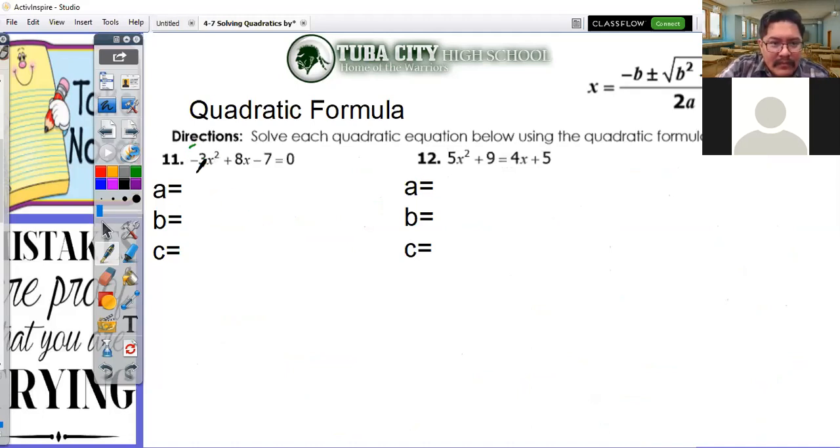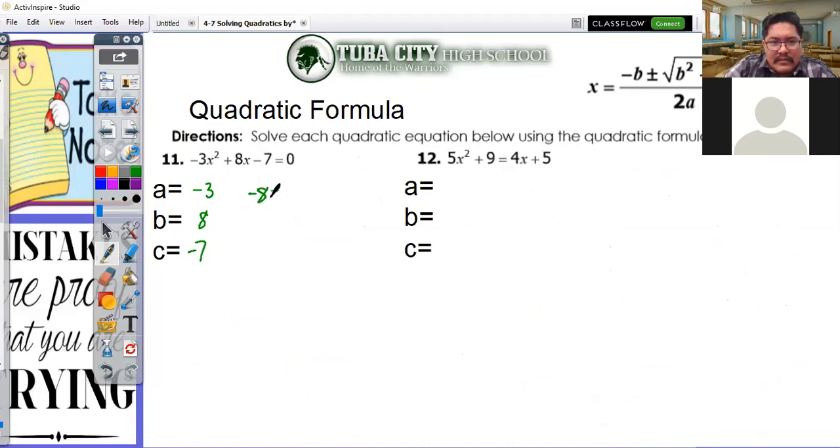Okay. Now something looks like a trick because this one's already in order. Since this one's already in order, it makes me think that they're going to pull another trick on us. Well, if it's a trap, I guess we're going to have to find out, and there's only going to be one way to find out. So take our coefficients, 8, negative 7, negative 3, and plug it in.